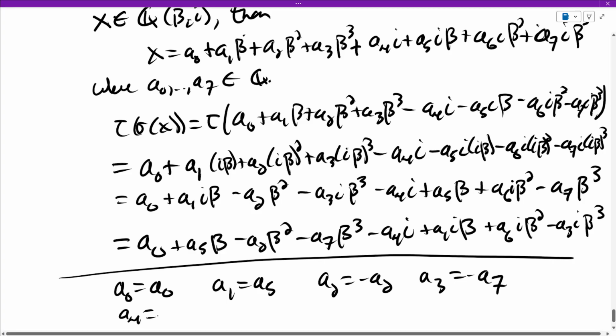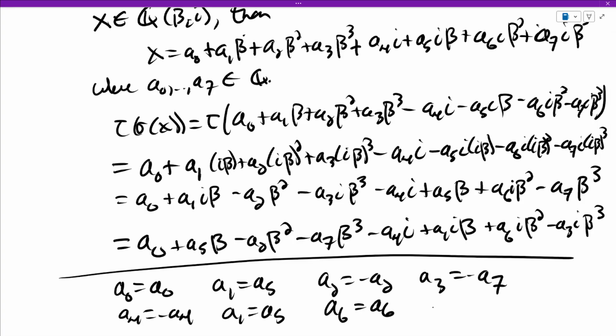A4 needs to be equal to negative A4. A1 needs to be equal to A5. A6 needs to be equal to A6. And the last one is A7 needs to be equal to negative A3.